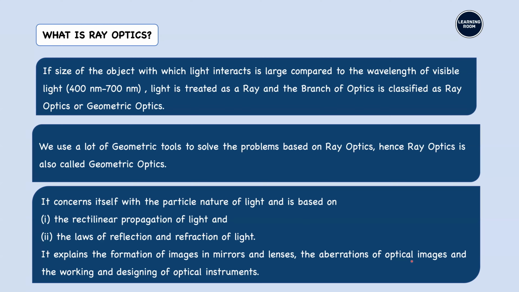That is, if there is a small glitch occurring in the process where the reflected rays are not meeting, it is called aberrations. So the aberrations of optical images, and the working and designing of optical instruments. These are all the concepts that we can analyze with the help of this branch of optics. Rays will not meet. There will be an error.